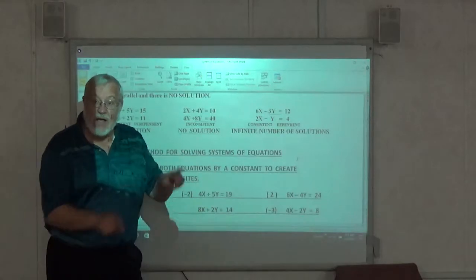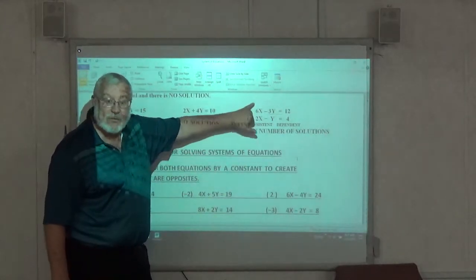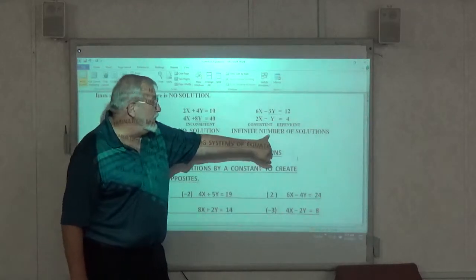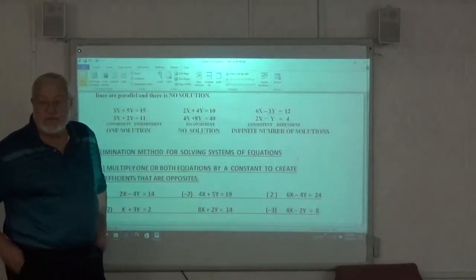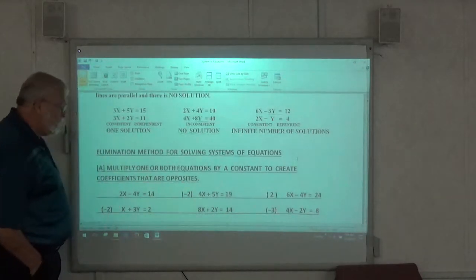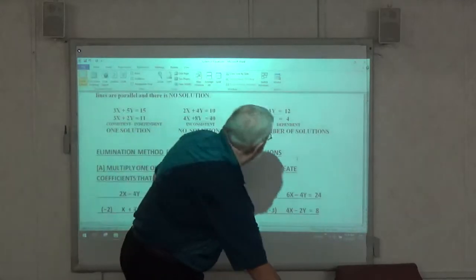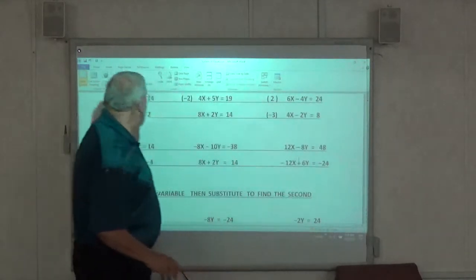Those are the same lines. One is on top of the other because this is a multiple of that one, and so therefore there's an infinite number of solutions. All right, those are the three situations that you're going to have when you have systems of equations. Okay? All right, now that's a review, so now we're going to look at some actual work.